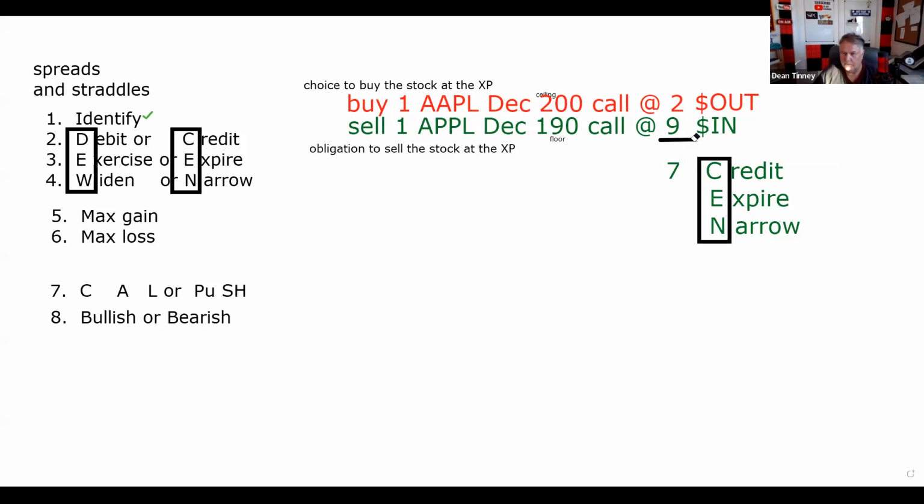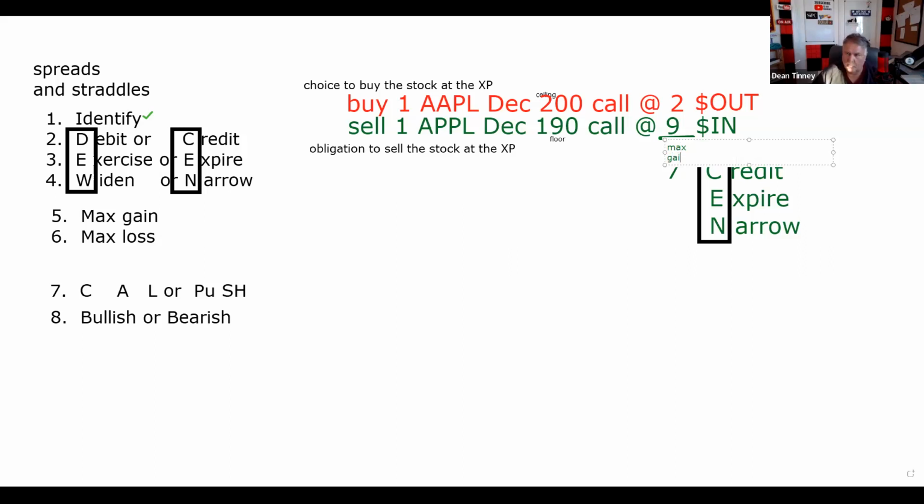All right, so that's my max gain. When you sell a put, you sell a call, you sell a straddle, your max gain is always the money collected. Here we're selling a straddle. Actually, excuse me, we're selling a spread.